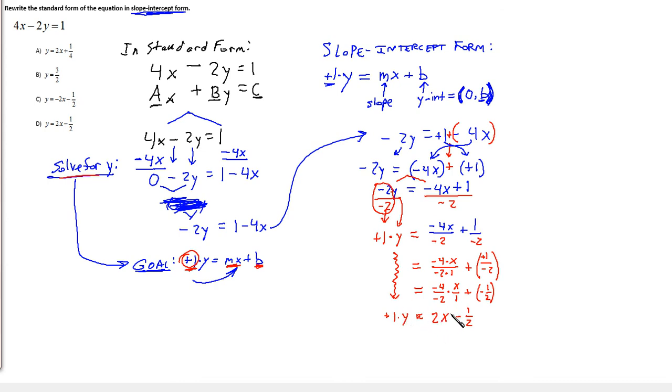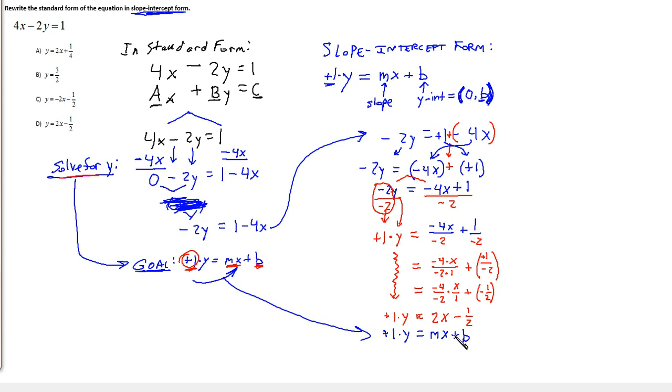So have we succeeded in rewriting our standard form equation in slope-intercept form? I think so. Let's compare all the parts here. Our goal was positive 1y equals mx plus b. Here is where it really looked like plus b. B is negative 1/2 because of the plus matching the plus in this form.